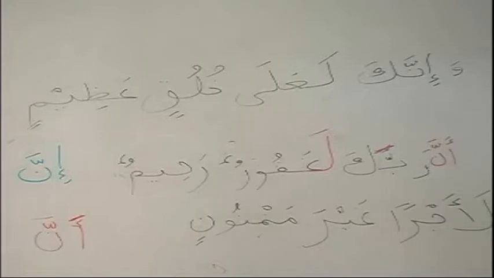So anta will change into ka because ismu inna is mansub. So innaka. Okay. I'm not satisfied with that. I want to emphasize it one more time, further. Then I say la ala. See the power and intensity, brothers and sisters. La ala khuluqin azim. So this is it, we will inshallah understand like that.